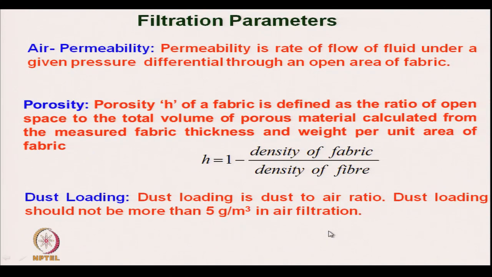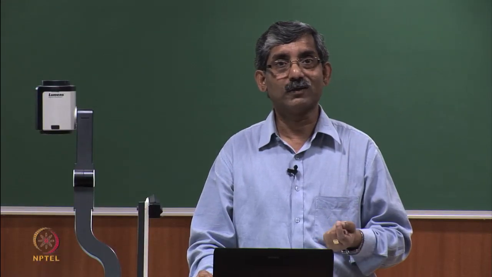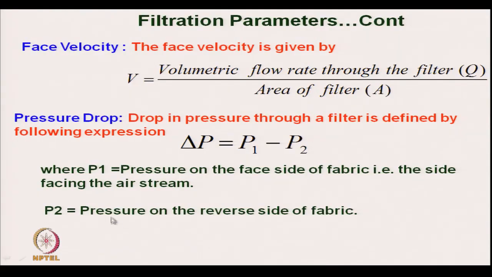So, for this air filtration, it should be less than 5 gram per cubic meter, otherwise the heavy dust loading will immediately choke the filter pores. What is phase velocity? The phase velocity is given by the volumetric flow rate through the filter, that is Q, by the area of filter. So, Q by A.